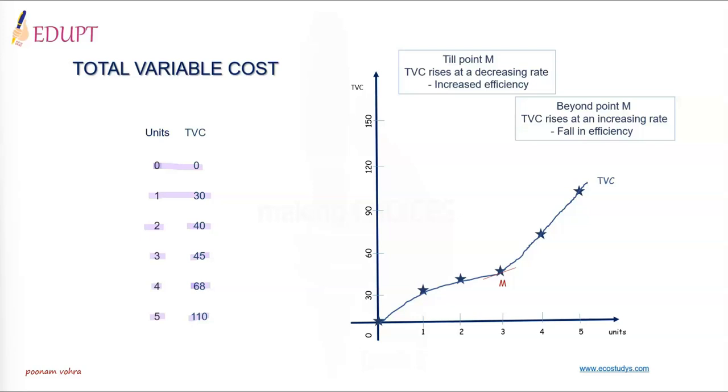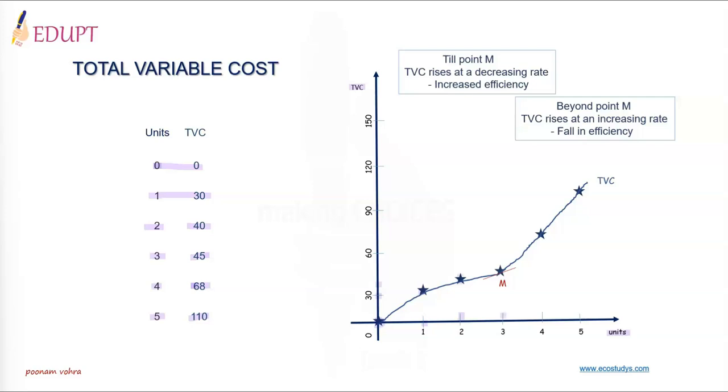This can be shown diagrammatically too. Units produced are taken on x-axis, total variable cost on y-axis. These points can be plotted, that is at 0 unit, total variable cost is 0. We have this point. With 1 unit, it is 30, so this is the point. 2 units are produced, 40, this is the point.